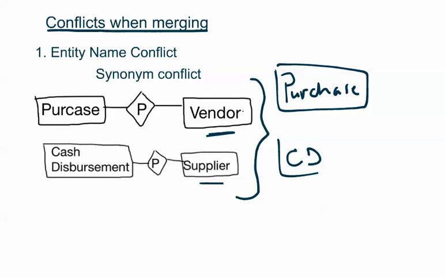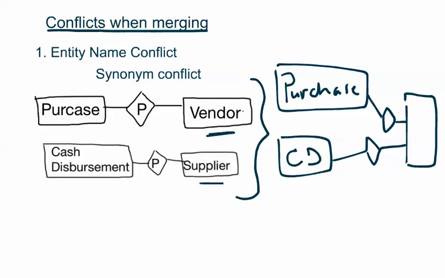And then in your merge diagram, both of them will be linked through a participation relationship with, let's say they decided to call it supplier. So then we have one supplier entity, and both of those entities will be linked to the same entity. Conflict solved.